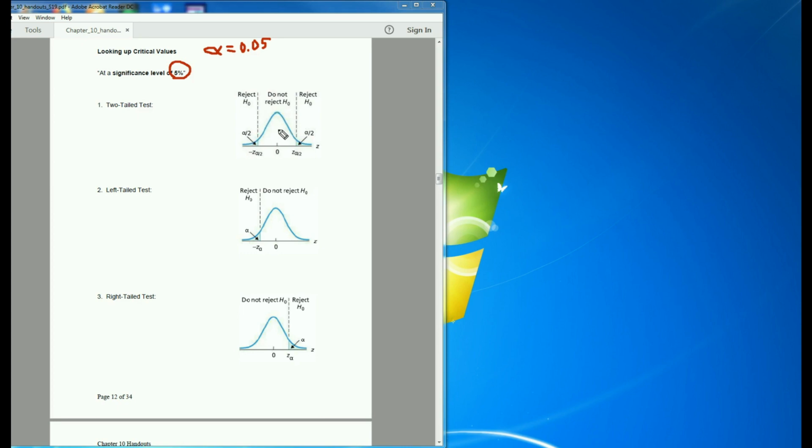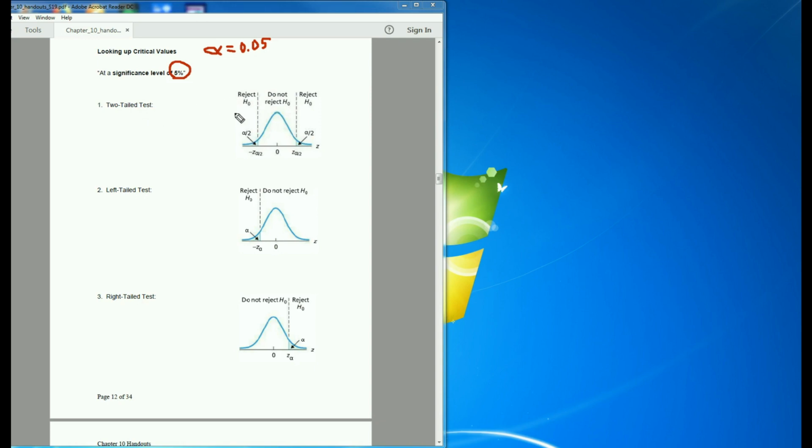So now we are literally just turning that around the opposite way and saying, okay, well, we want a significance level of 5%, which means 5% in the tails. Okay. So 5% in the tails means we have 95% area left over.